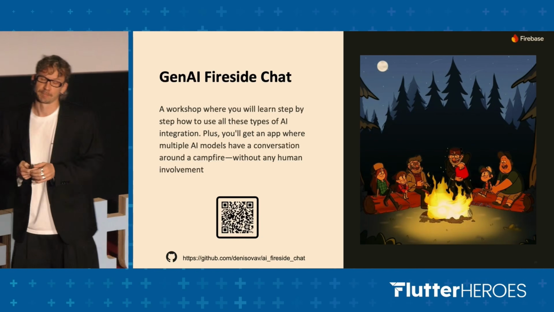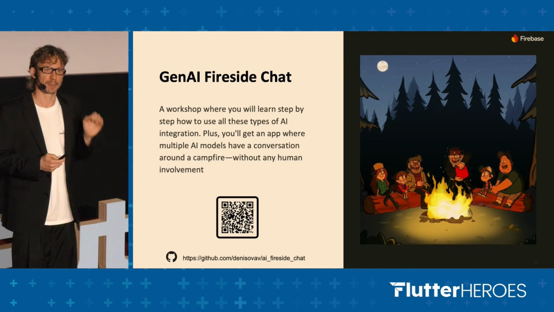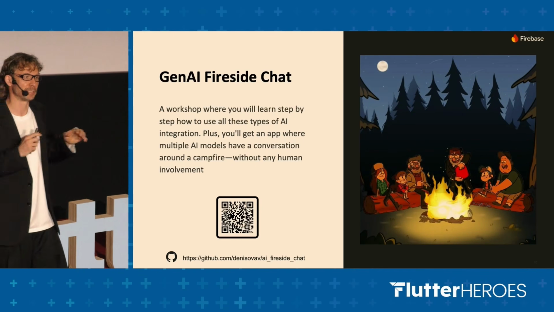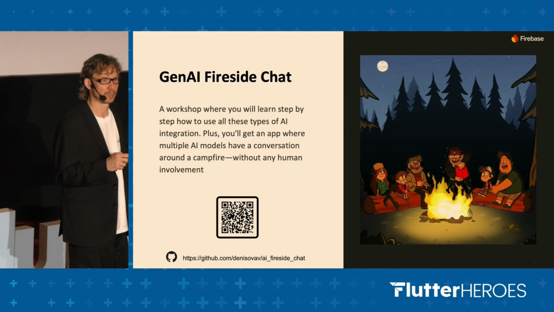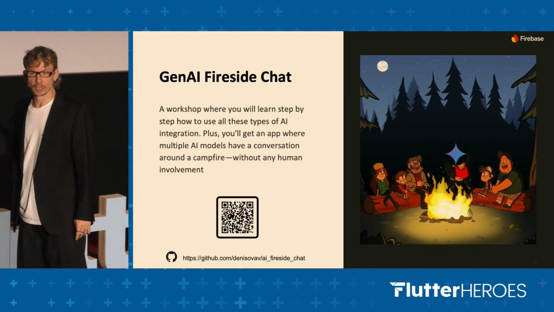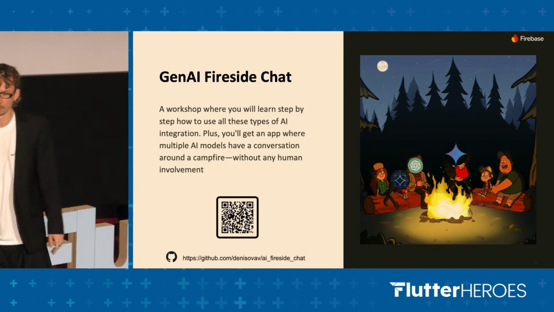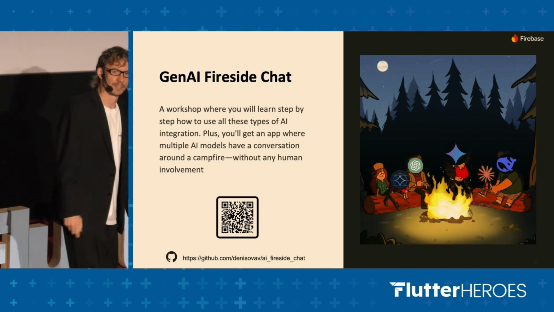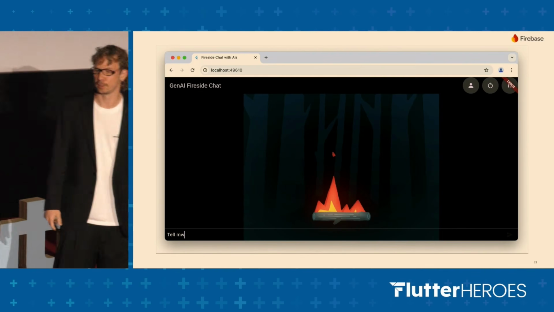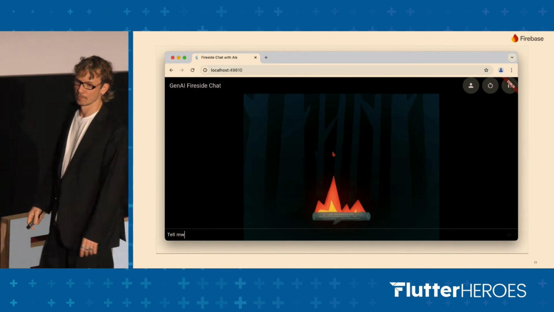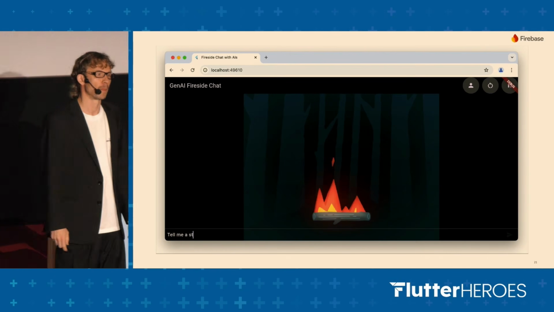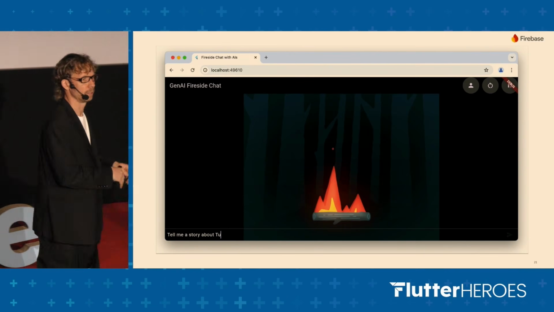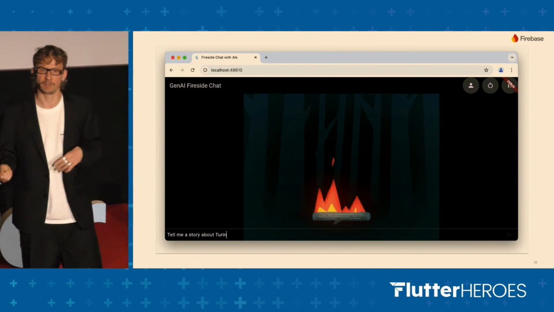And after finishing this workshop, you will get an application in which models are talking with each other without human interaction. So there is a Gemini, ChatGPT, Gemma, DeepSeek, Claude. There is a video recording of their talk, and so they don't need a human. They are joking, asking each other about something, changing topics.